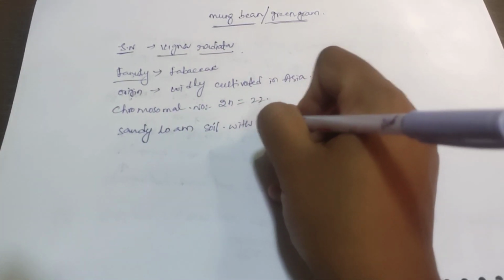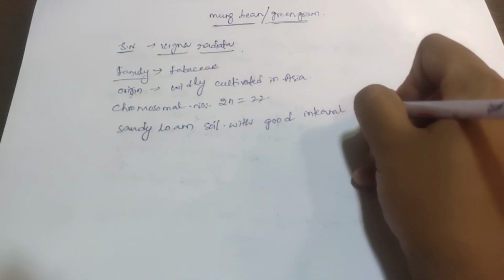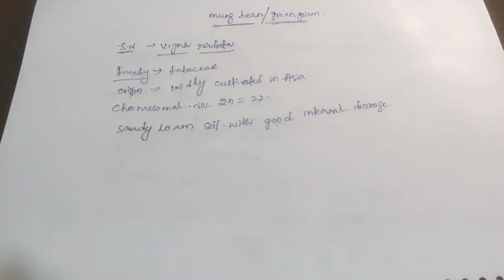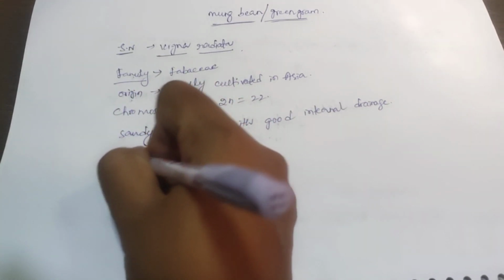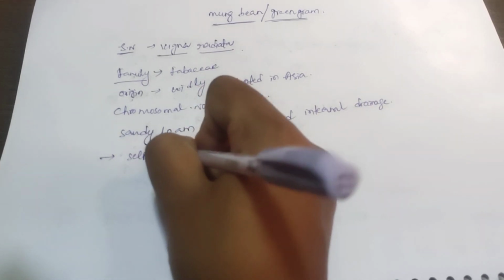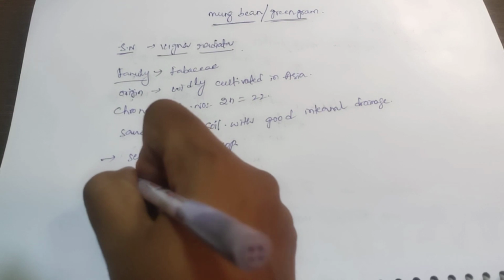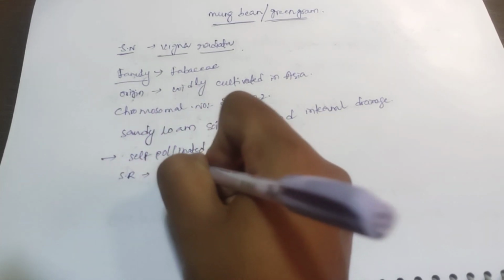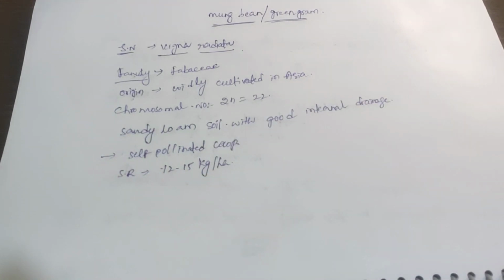Mung bean is a self-pollinated crop. Seed rate is 12 to 15 kg per hectare. The seed rate of mung bean is 12 to 15 kg per hectare.